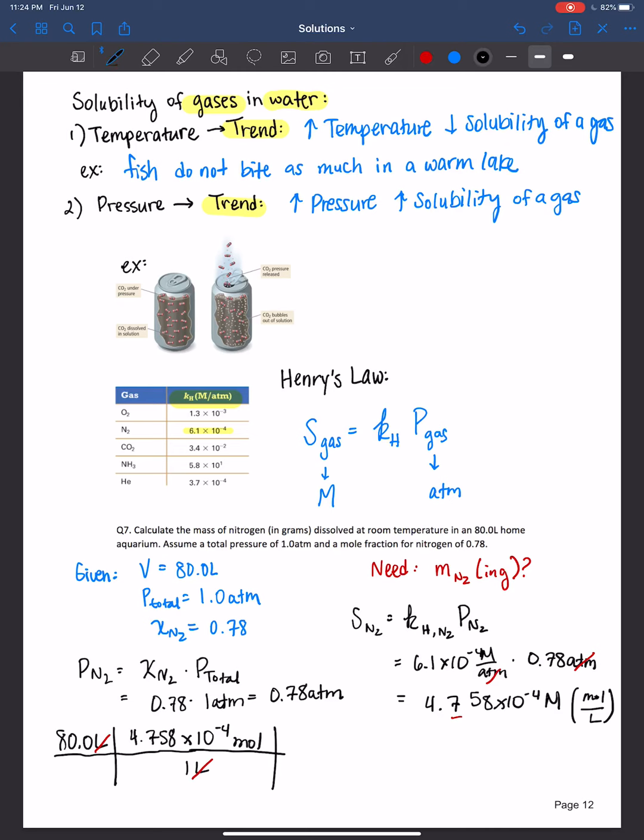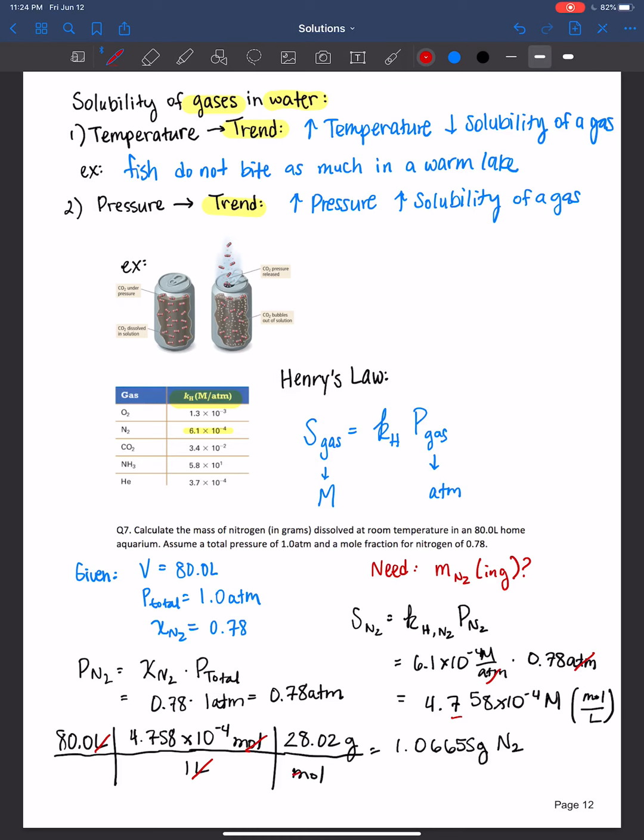Remember that nitrogen gas is a diatomic gas, so it's N2 and not just nitrogen. So the molar mass of nitrogen gas is 28.02 grams per mole. And therefore I got 1.06655 grams of nitrogen.